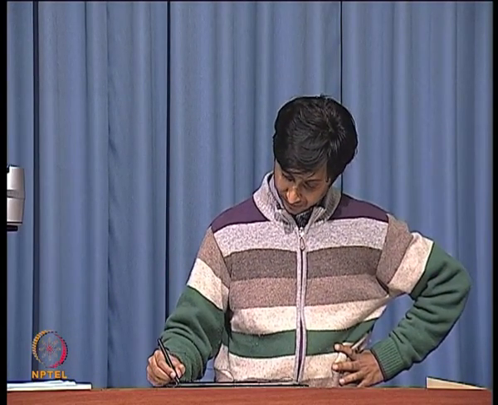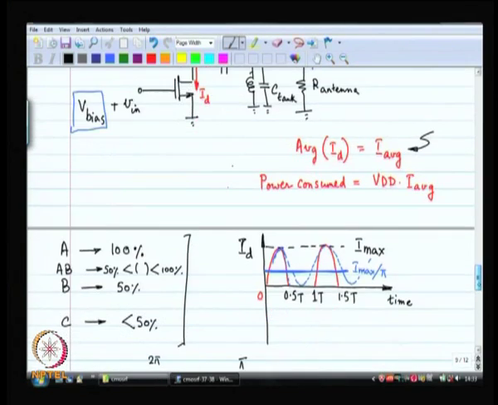Remember now that the device cannot possibly go off, or yes, the device is going to be off right around this. From here to here the device is off, right.